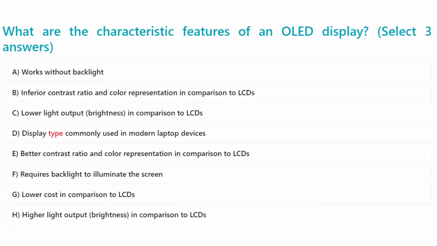D. Display type commonly used in modern laptop devices. E. Better contrast ratio and color representation in comparison to LCDs. F. Requires backlight to illuminate the screen. G. Lower cost in comparison to LCDs. H. Higher light output, brightness, in comparison to LCDs.